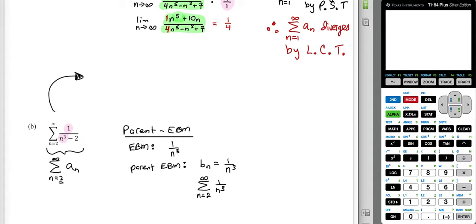You put in a 2, you get 1 over 2 cubed minus 2. Put in a 3, 1 over 3 cubed minus 2. 1 over 4 cubed minus 2. So that would be 1/6, 1/25, and so on.